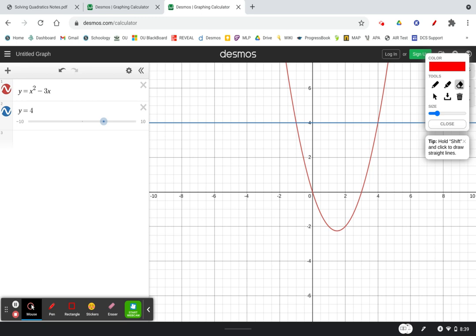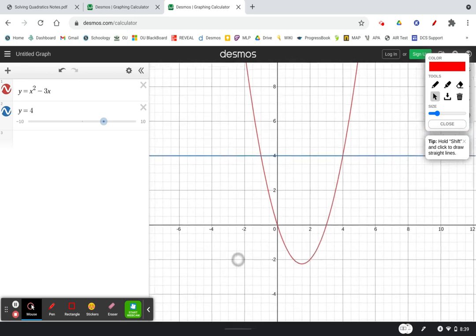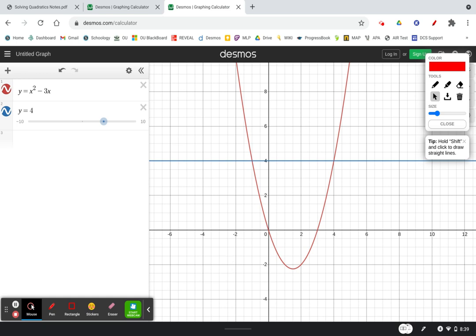So once again, we have a graph that looks like a parabola, or that U shape. And when it's a U shape like that, you're going to find that it crosses twice. Okay, so I've got my x coordinates. I had x equals -1 here.